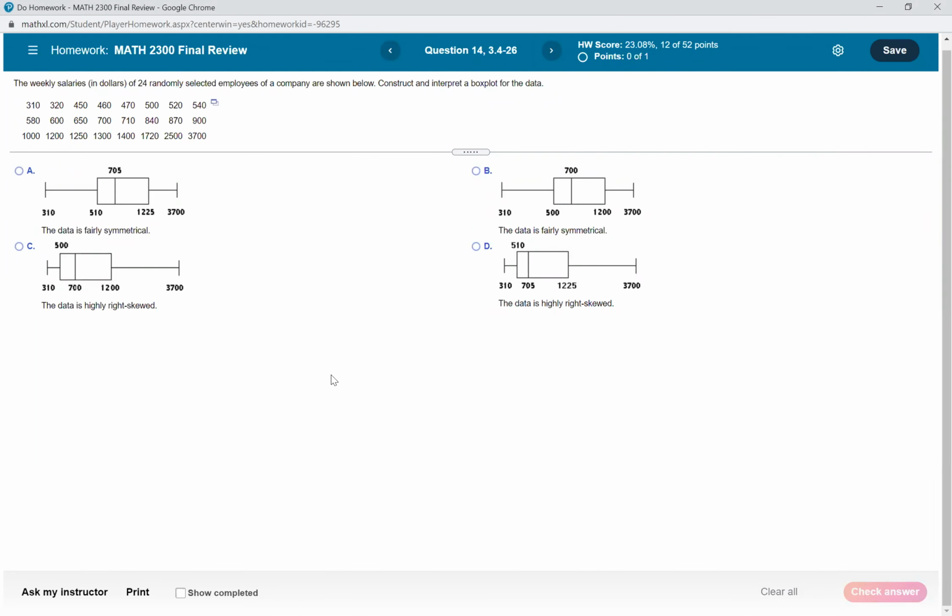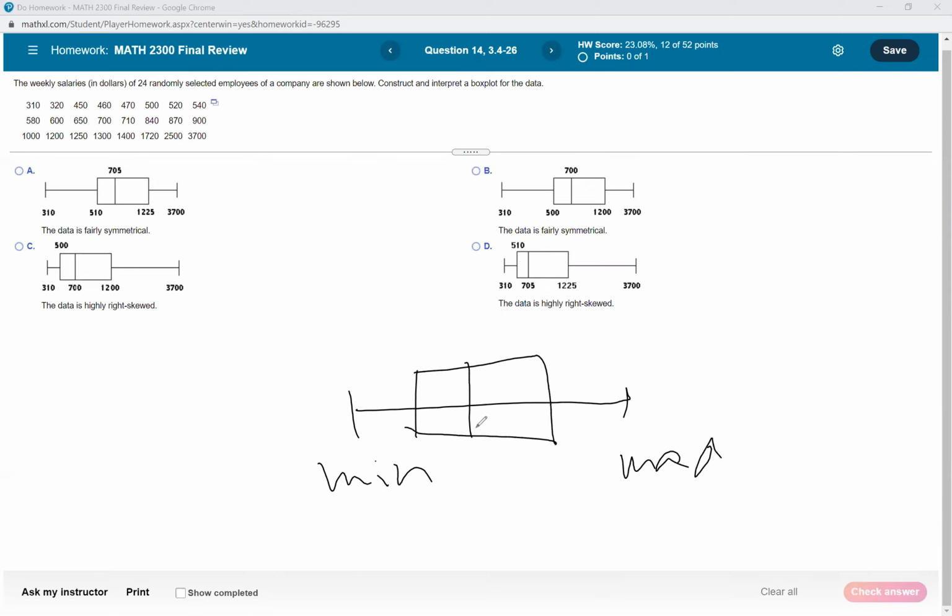Okay, so here we have to construct the box plot. For a box plot, you need the five-number summary: the minimum, the max, and Q1, Q2, Q3. So you need this information to construct the box plot.